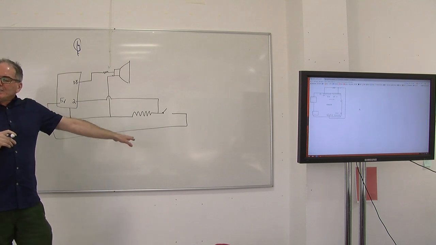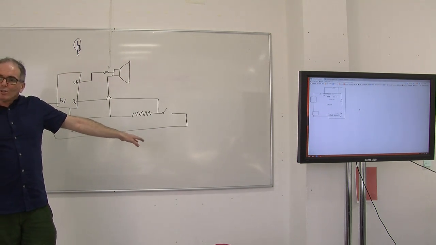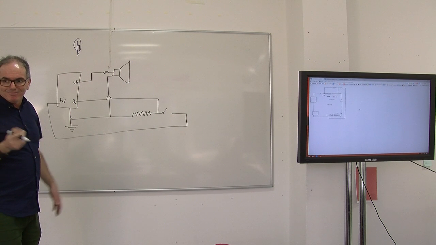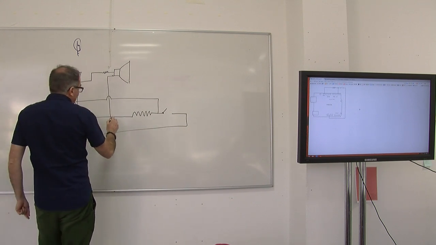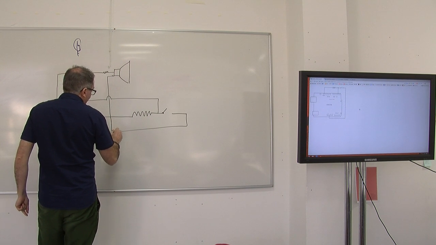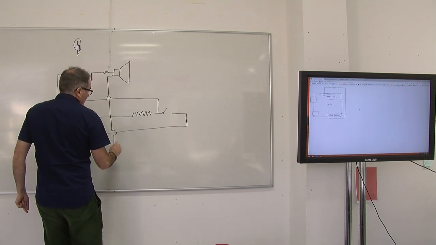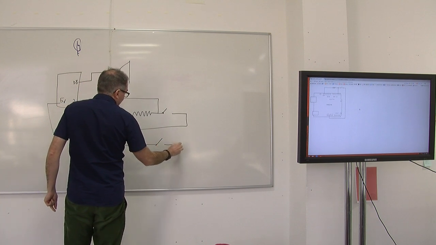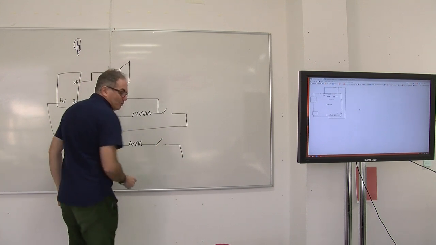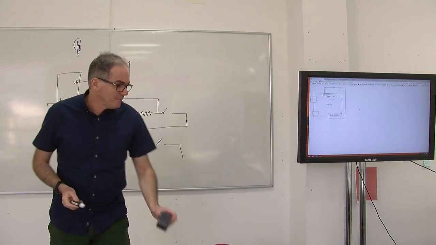How many buttons do we need? 3. We said 4 to challenge ourselves. So, they're all standing on the same ground. We have another circuit, and that's also going to 5 volt, the same 5 volt.